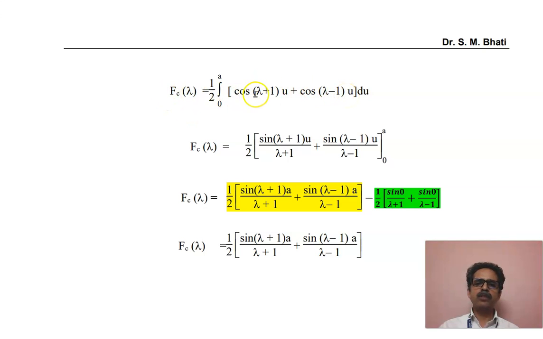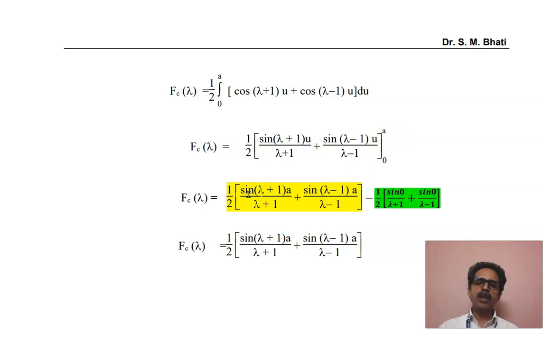Integration of cos of lambda plus 1 u is sin of lambda plus 1 u upon lambda plus 1, because lambda is constant here. While for integration of the second term, integration of cos of lambda minus 1 u is sin of lambda minus 1 u upon lambda minus 1, with limits for u from u is 0 to u is a.